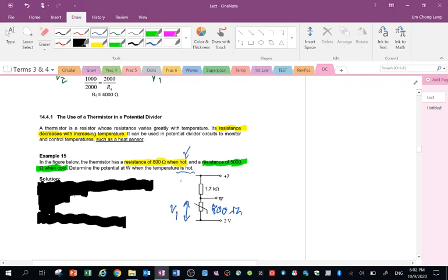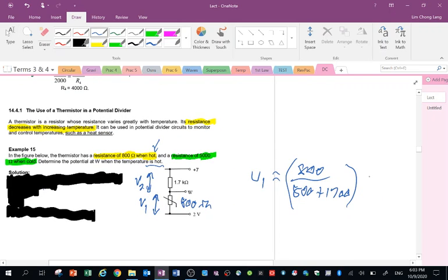I will find V1 using the potential divider formula, 800 divided by 800 plus 1,700, multiplied by the PD. The PD is actually 7 minus 2, the highest minus the lowest. So my V1, if I calculate, I'll get 1.6.